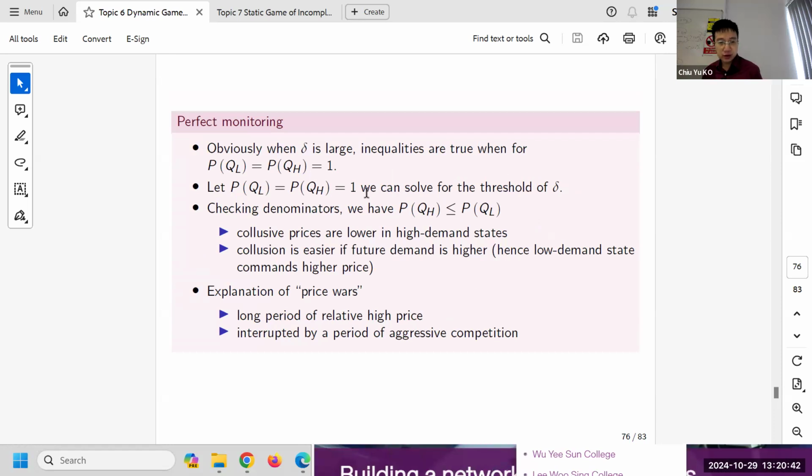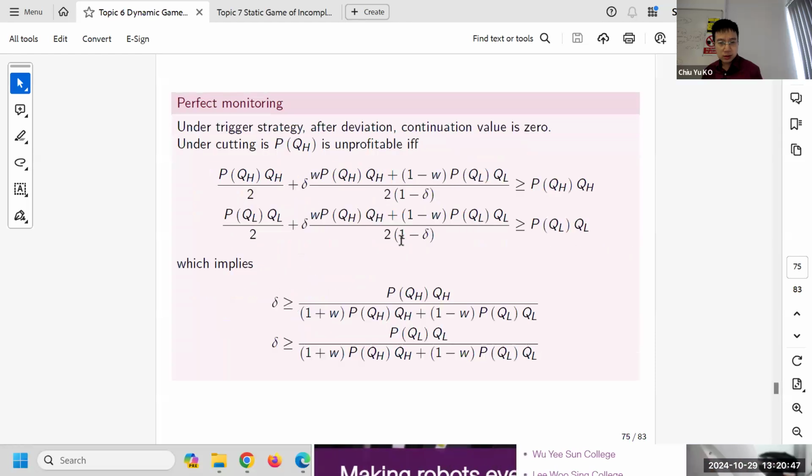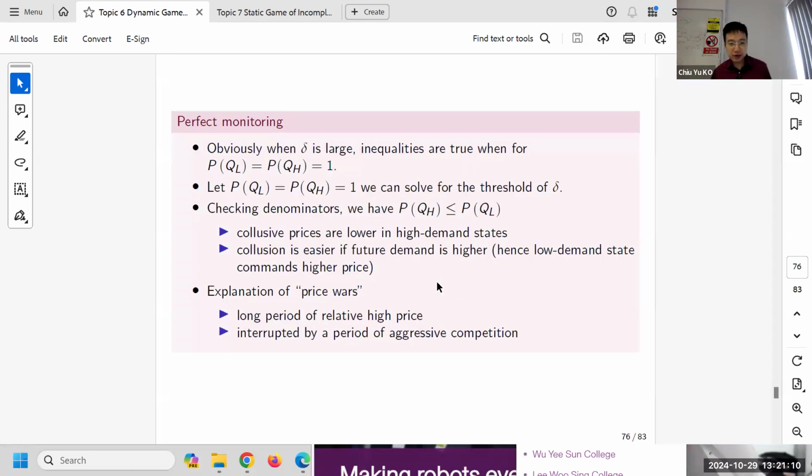We can solve the threshold, that's fine. Oh, okay, I see. I can see why that is the case. So what is left is to show you why we want to have that.